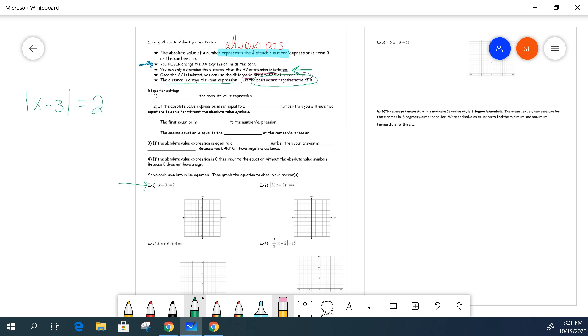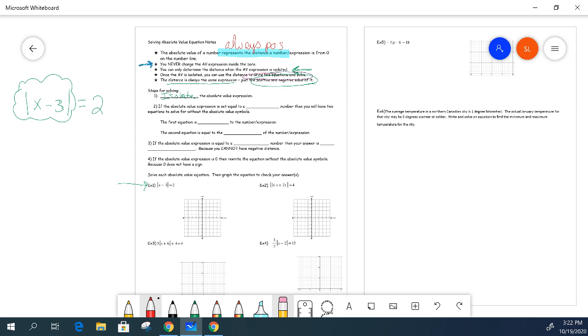Now, the first thing we need is to isolate the absolute value expression, I apologize. So notice how the absolute value over here, there's nothing else outside of the absolute value. We don't have a coefficient in front. We don't have anything being added or subtracted at the back. So that's step one. That's just making sure it's isolated.